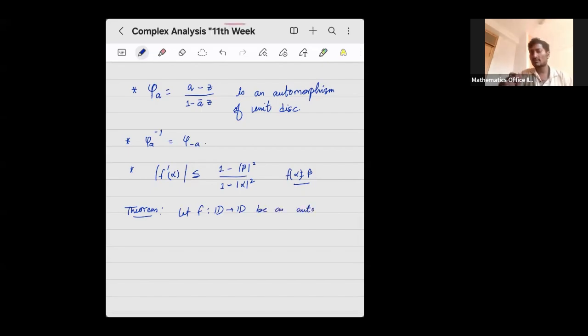Automorphism means it is holomorphic, its inverse exists, and the inverse is also holomorphic.